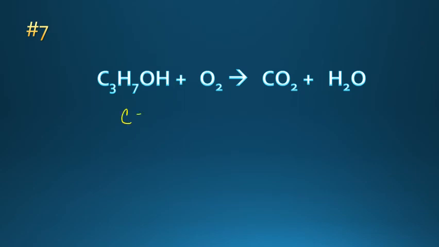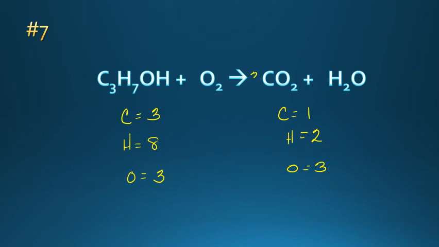Well, first let's take inventory. I have 3 carbons and I have 8 hydrogens and 3 oxygens. Over here I have 1 carbon and 2 hydrogens and 3 oxygens. Always leave the oxygens for the end. I guarantee by the time I get done messing with the carbons and the hydrogens, the oxygens will not stay balanced. Don't worry about it. All right, carbon.